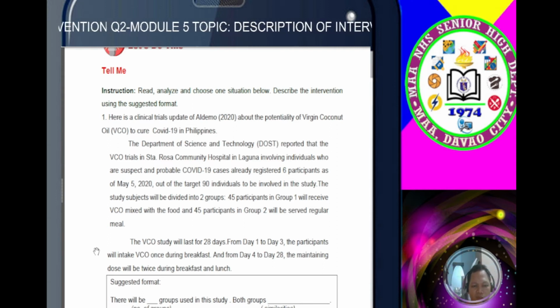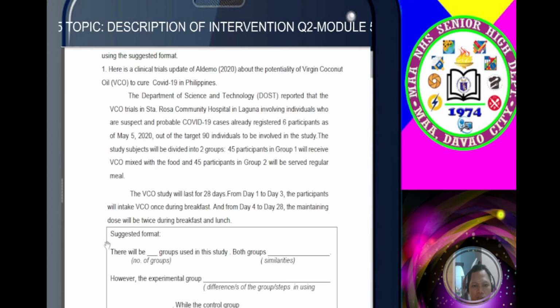Study subjects will be divided into 2 groups. The 45 participants in group 1 will receive VCO mixed with the food, and the 45 in group 2 will be served a regular meal. Those are the differences in the intervention. I hope you get the idea here. The VCO study will last for 28 days.